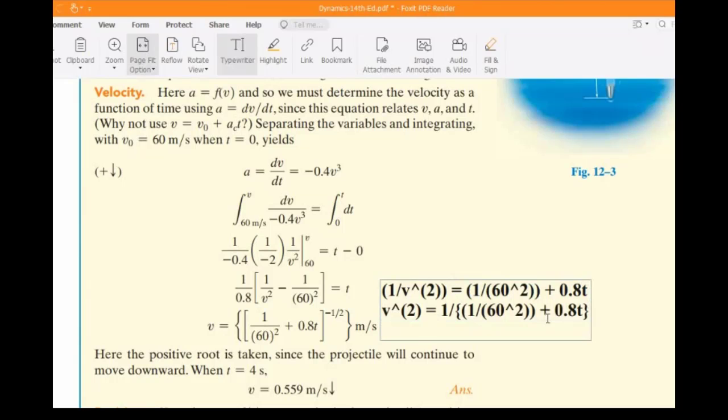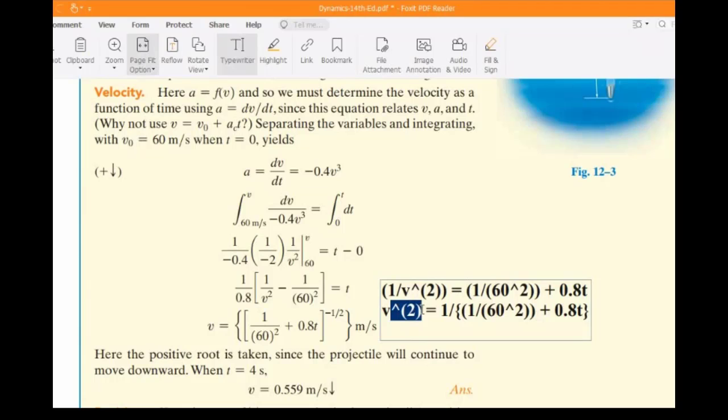Do you agree? All understood? So if we have something squared, we can just take the square root.